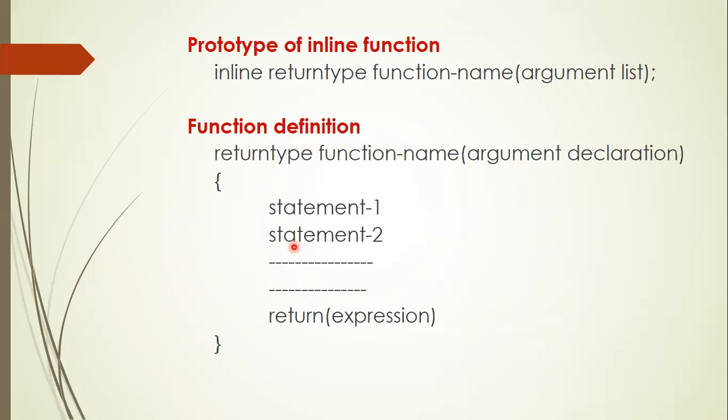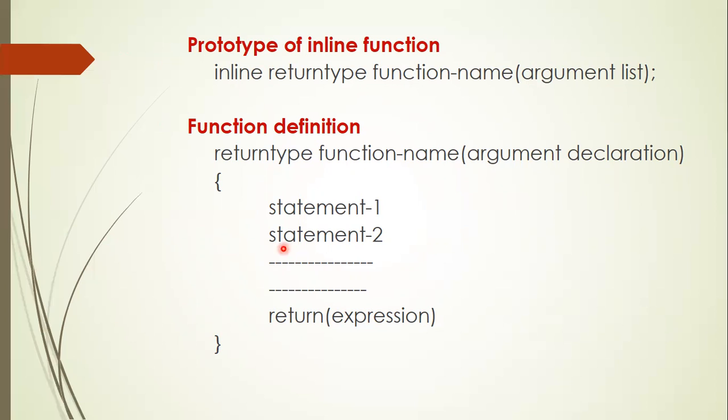In defining the function, first you write the return type, function name and argument declaration, then you write the statements one by one, then the return expression. For example, to make the previous root function an inline function, first in the prototype you write inline, return type float, function name root, argument int. Then while defining the function, the return type is float, function name is root, and the argument is int a.